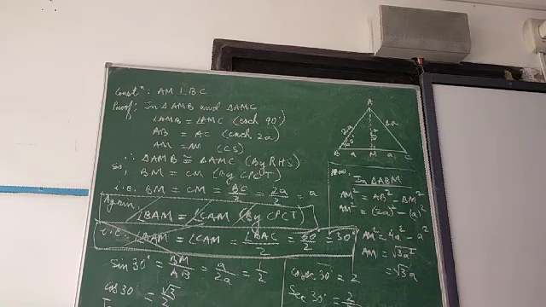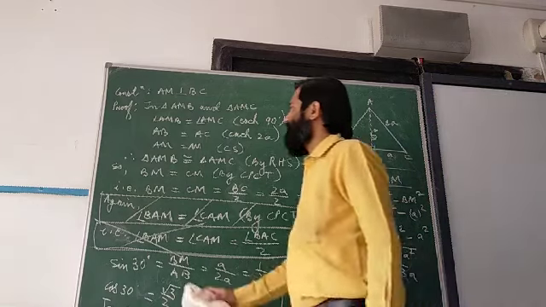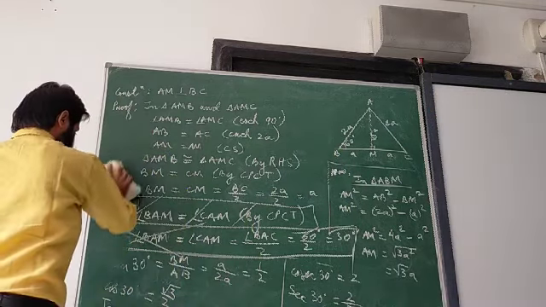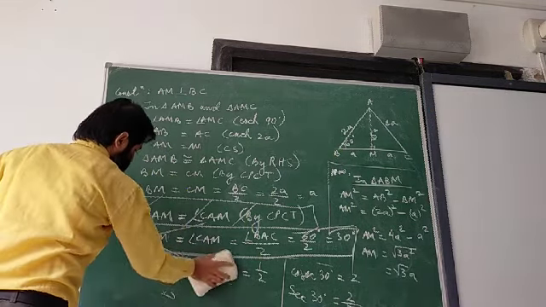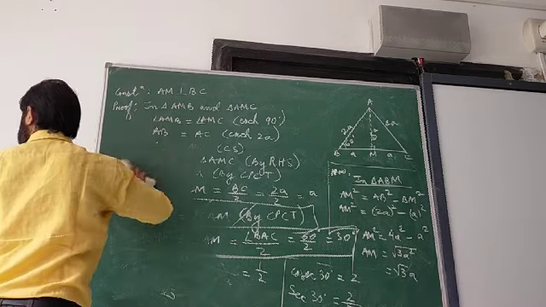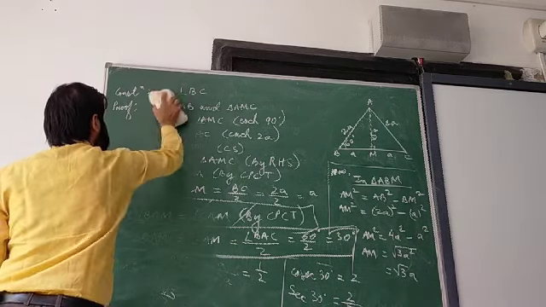Okay, then you can write another question, same question, this time 45 degree. Find all the trigonometric ratios of 45 degree. Then do it. Time is over, right?